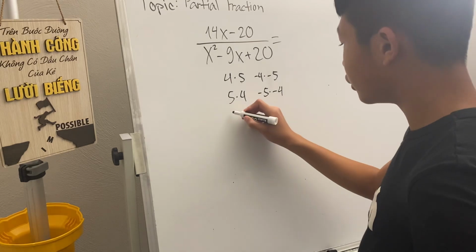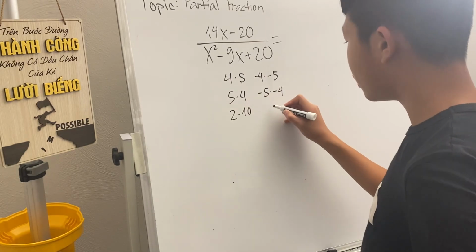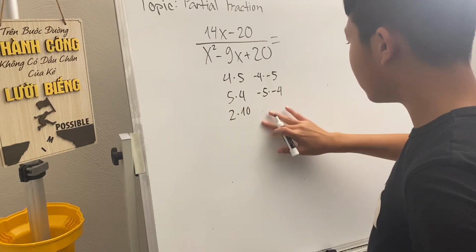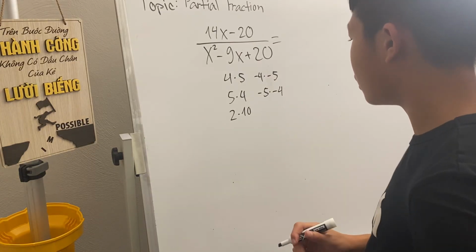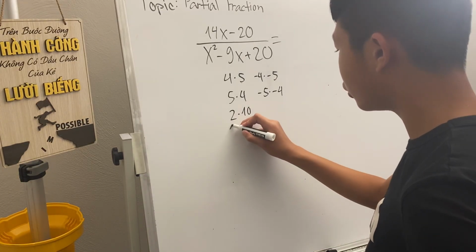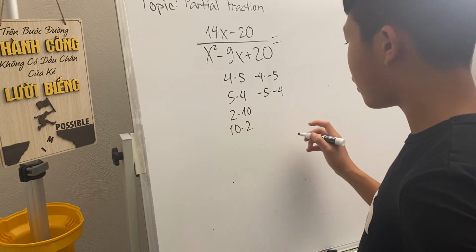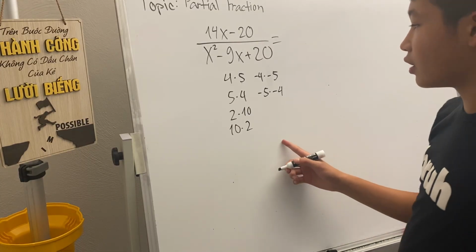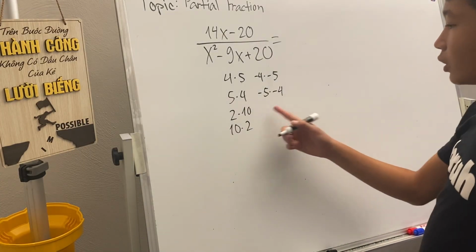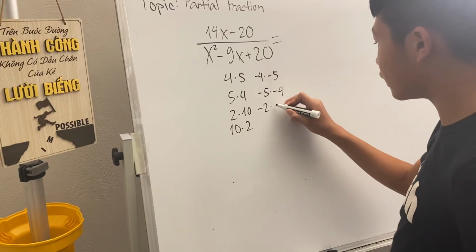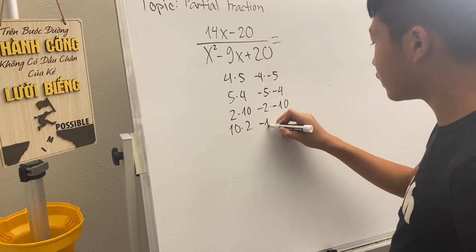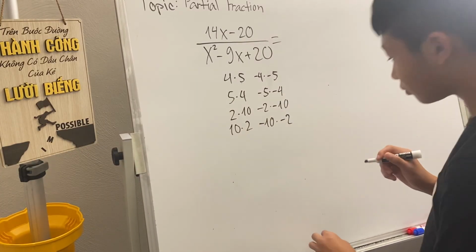Then we got 2 times 10, 10 times 2, negative 2 times negative 10, and negative 10 times negative 2.